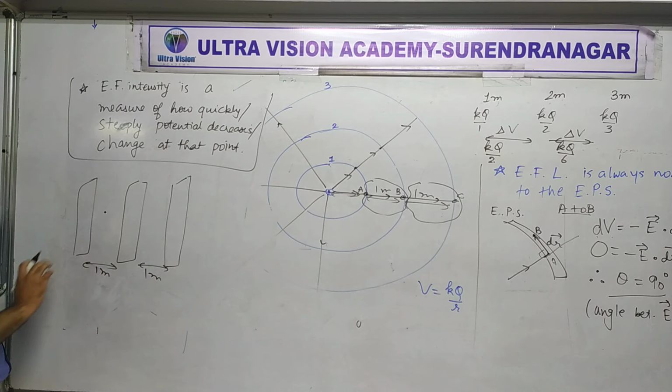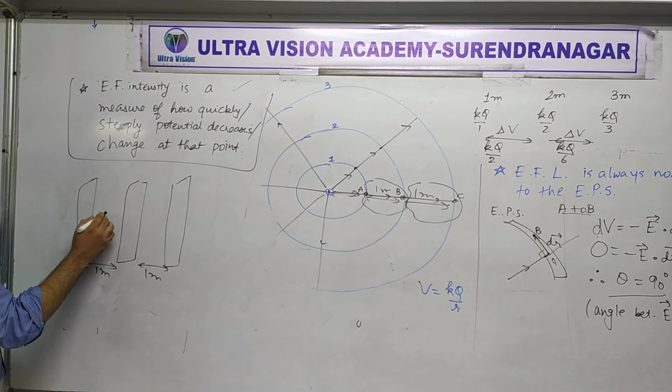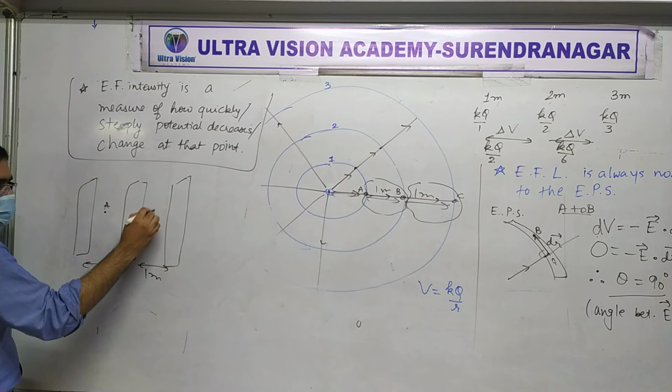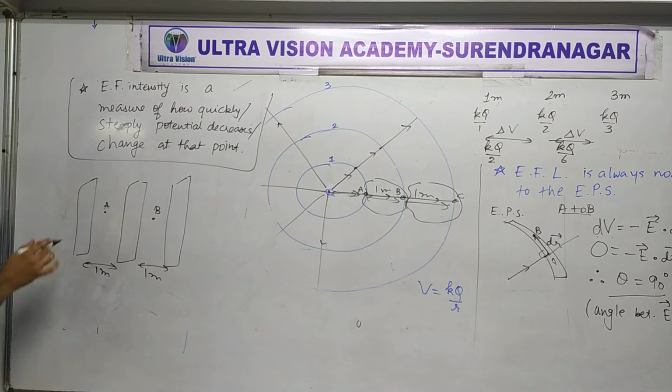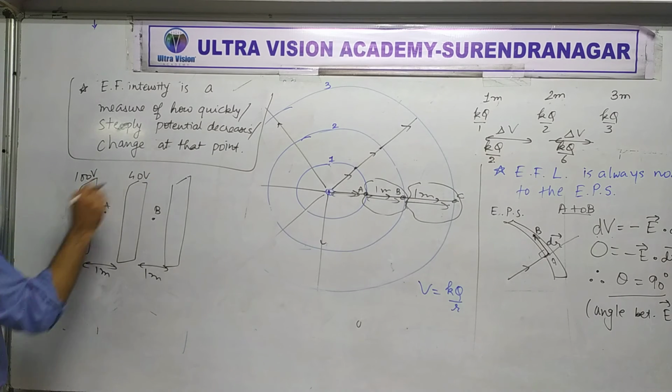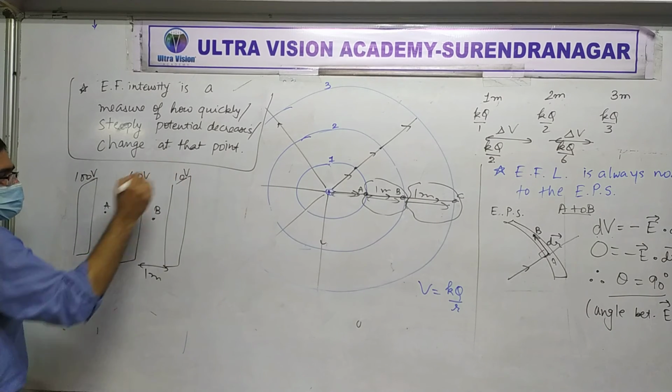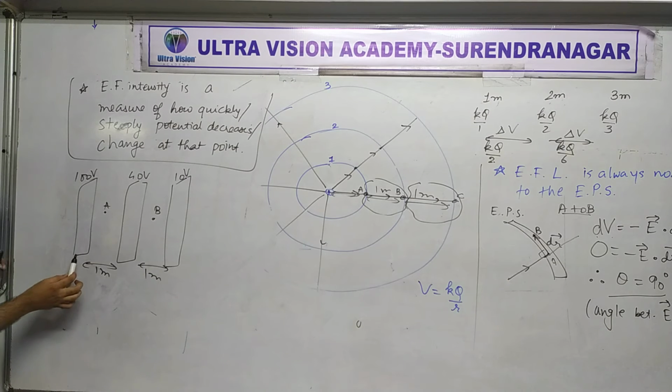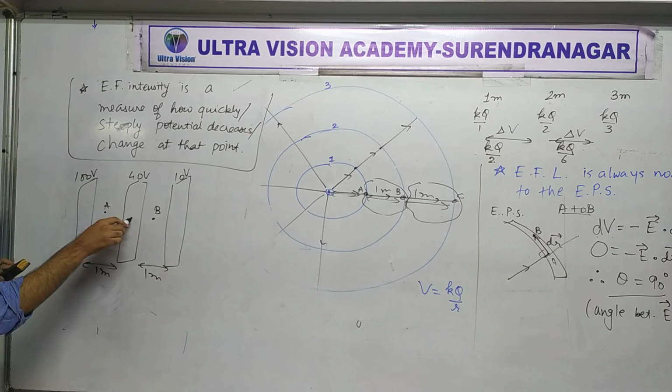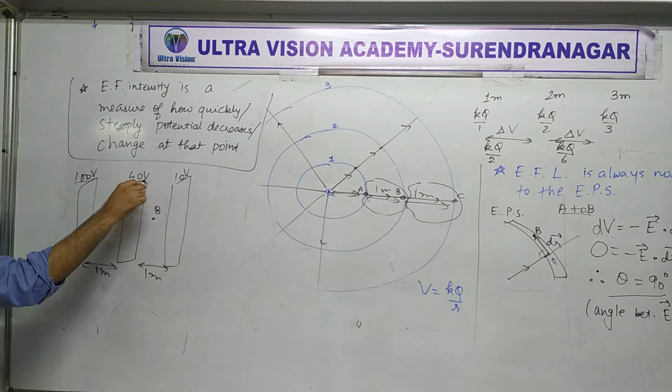Suppose there are three equipotentials. And here electric field is strong around A but not so strong around B, then what will happen? Suppose this is 100 volts and this will be 40 volts and then this is only 10 volts. So even though the distance between these two is 1 meter, as you go 1 meter from here to here, the potential will decrease by 60 volts.